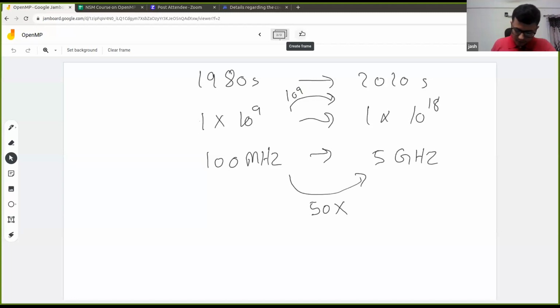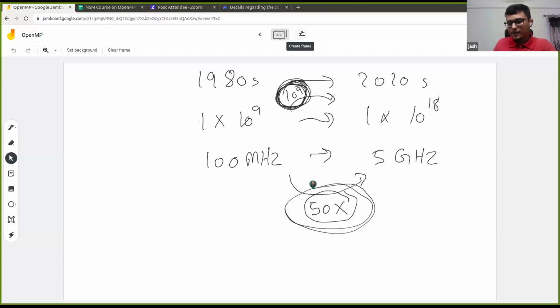Not 10 to the power 9 times, but it's 10 to the power 9 of improvement. So the point that I'm trying to highlight here is that this performance improvement of 10 to the power 9 is not just because of the clock frequency increase, because clock frequency hasn't increased much.